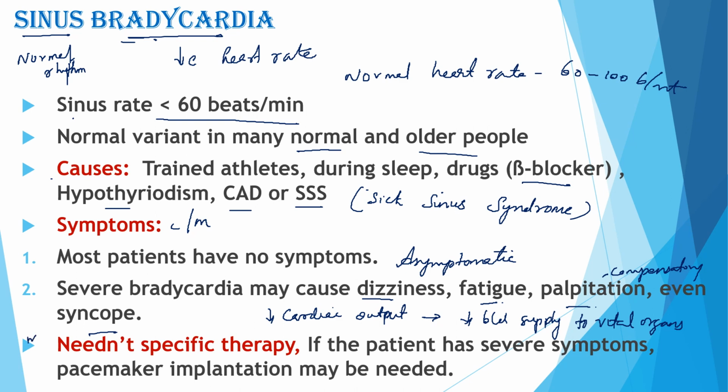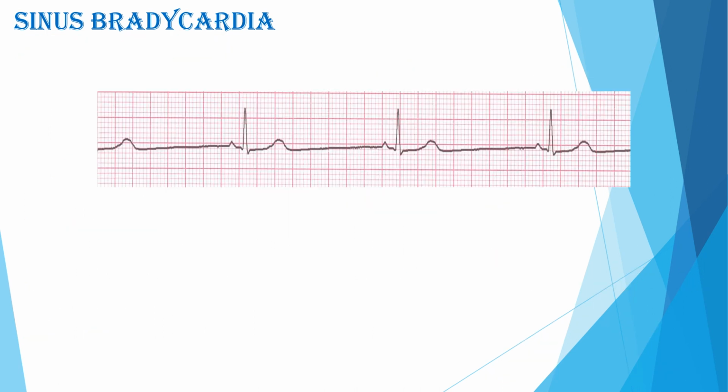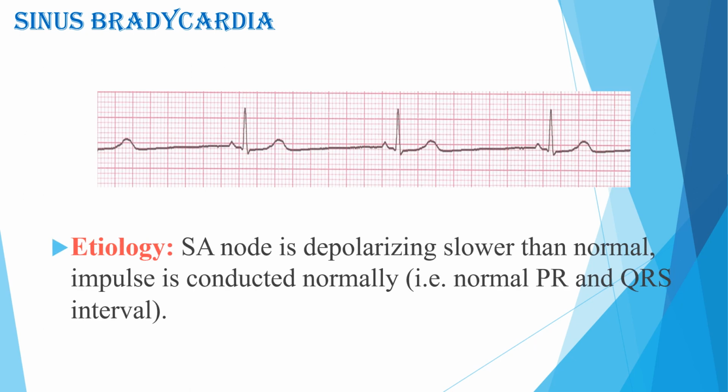When it comes to the management, here also there is no need of any specific therapy, but if the patient has severe symptoms, go with pacemaker implantation. Otherwise, the only management is to treat the underlying cause. This is the ECG which shows sinus bradycardia.